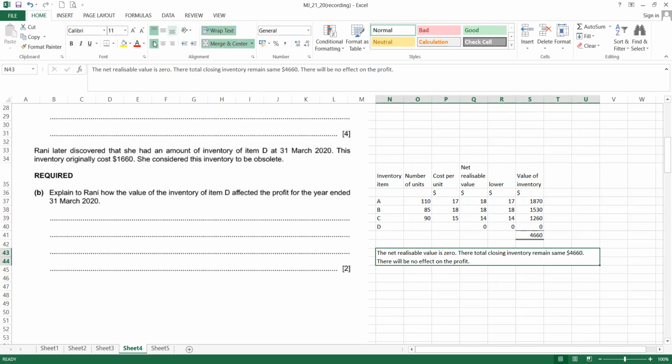If you really think about the double entry, at the beginning of the year we have the inventory, which is valued at 1,660.